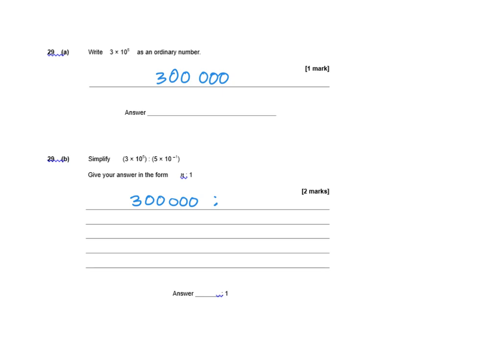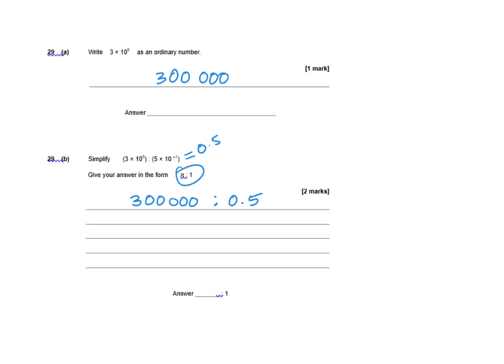Then with our ratio, so 5 times 10 to the minus 1. So that would be 0.5. Because of the fact that it's a negative power.